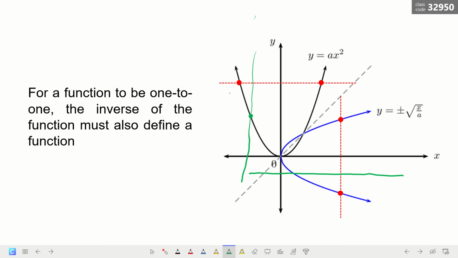However, if we run a horizontal line test sa inverse niya, which is this quadratic function, makikita natin that the inverse is not a function kasi, based on the HLT, it is not a function because the horizontal line passes through 2 points. So therefore, for a function to be one-to-one, the inverse of the function must also define a function.